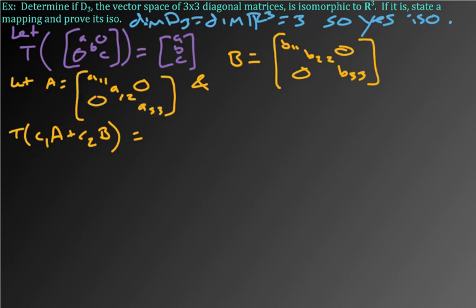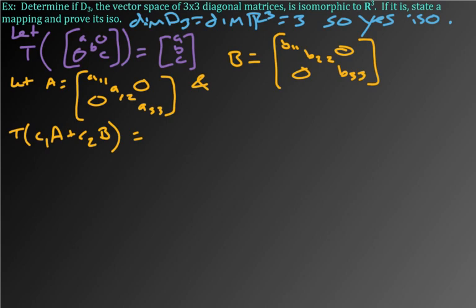I'm going to let A be this diagonal matrix, just like A11, A22, A33 down the diagonal. B, B11, B22, B33, just a different diagonal matrix. And I'm going to show the linear part all in one step.